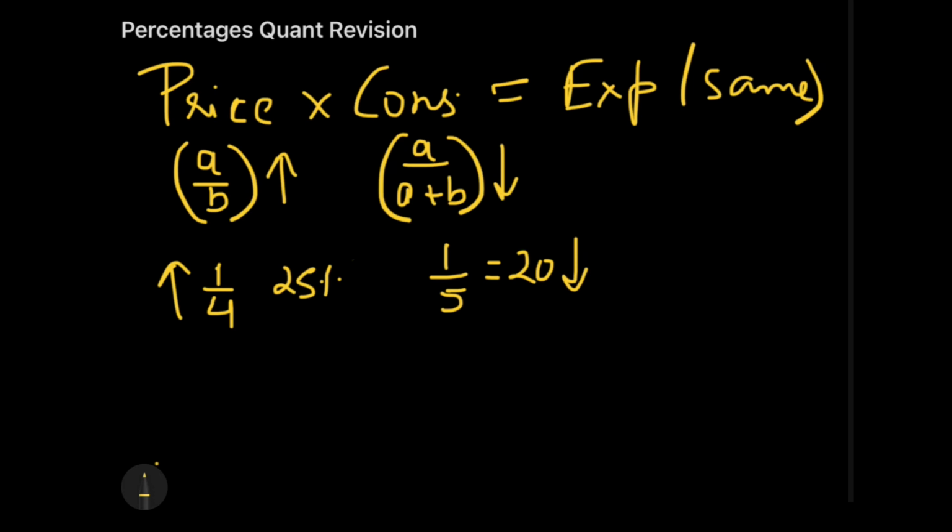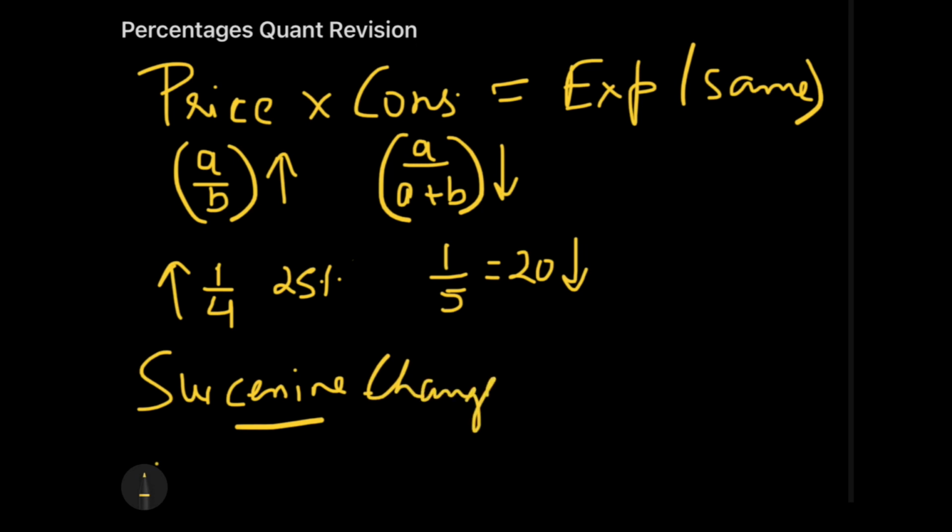Now we'll talk about successive changes. Successive changes means, suppose an item, like in year 2003. This will really help you in your DI sets as well, so please pay attention. The scenario is that in 2013, the price increased by X percent, and in 2014, the price increased by Y percent.